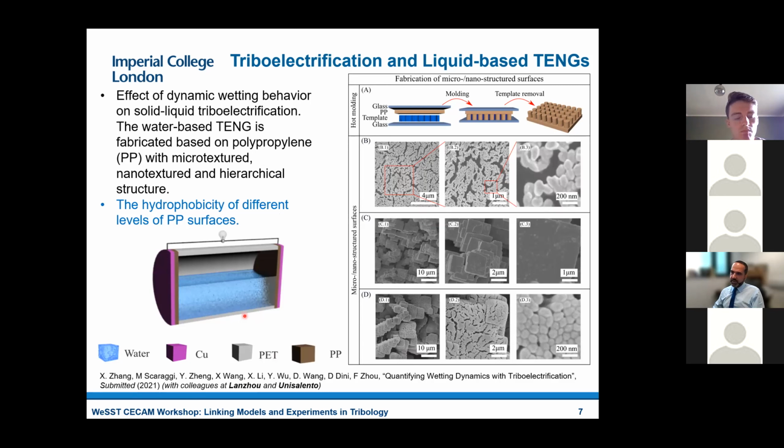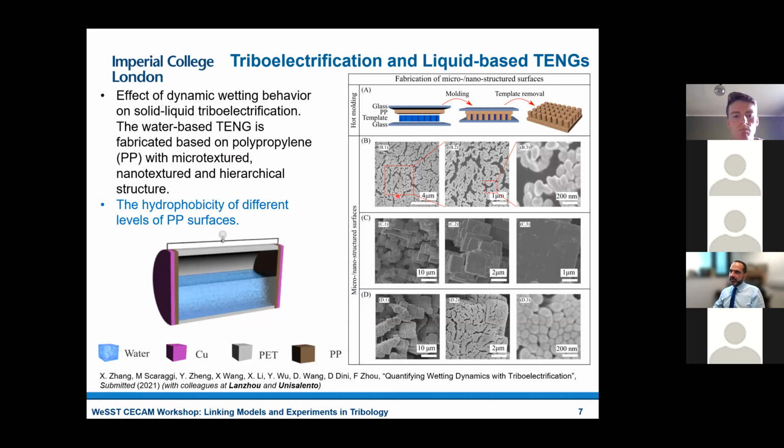You have a cylinder, you have your surface here, and then you generate electricity through closing the circuit on the other end. And as you slosh the water here, you can see water coming in and out of the contact, and therefore you generate electricity.